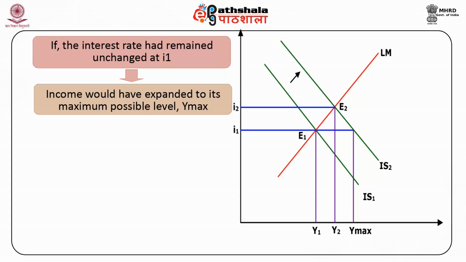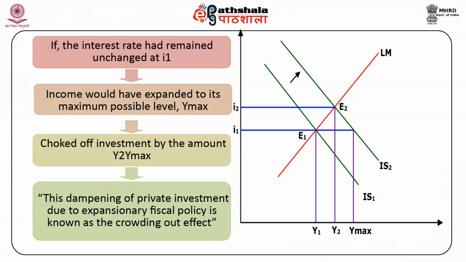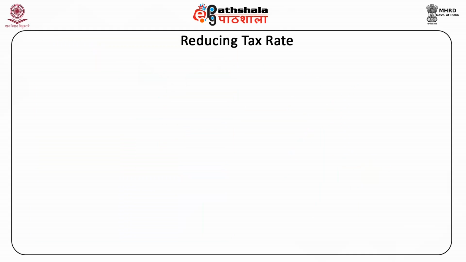The rise in interest rate from I1 to I2 choked off investment by the amount Y2 Y max. This dampening of private investment due to expansionary fiscal policy is known as the crowding out effect.